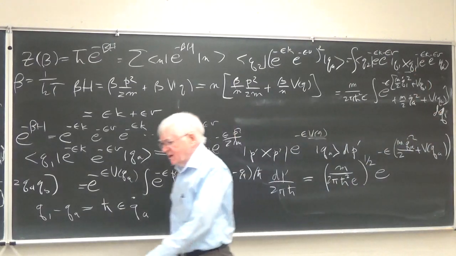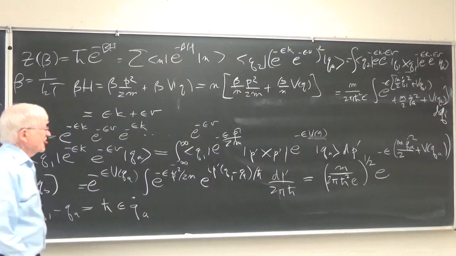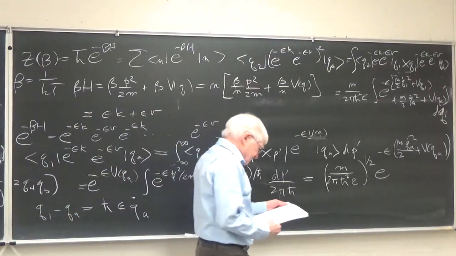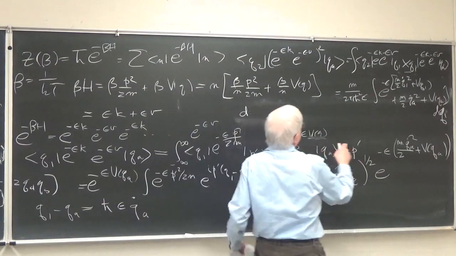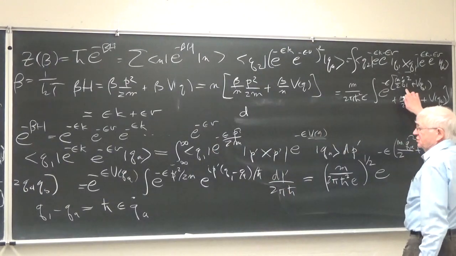Well, if you pass now from 2 to infinity in integer steps, and here, of course, I've set q1 dot.